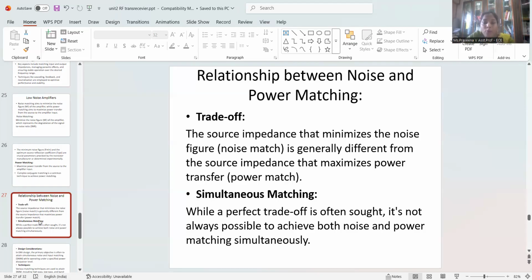This creates a trade-off between noise performance and power transfer efficiency. Why this trade-off? Noise matching requires the source impedance to be equal to the optimum noise impedance or reflection coefficient, whereas for power matching they will not be equal. So both conditions cannot usually be satisfied at the same time.